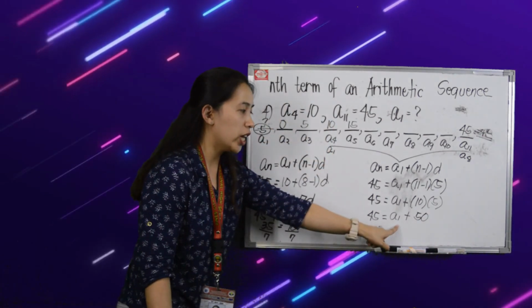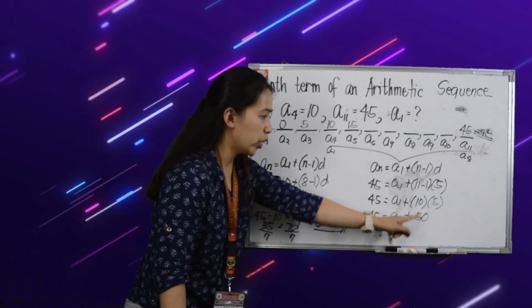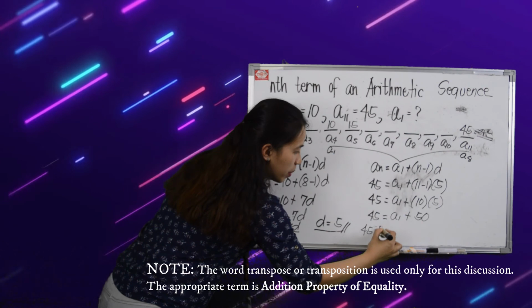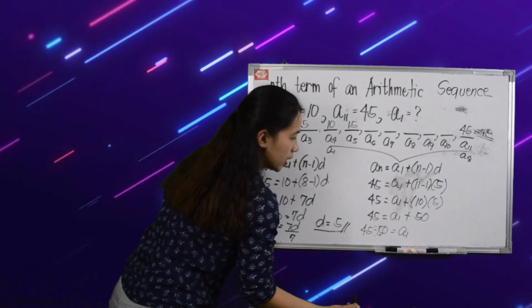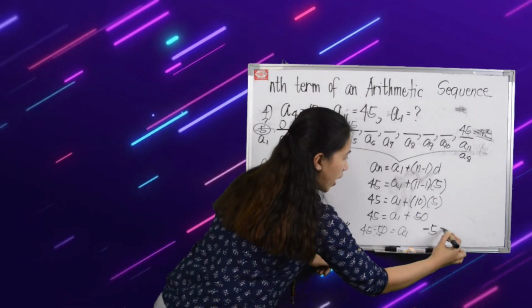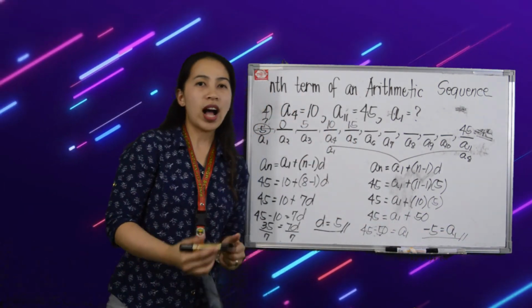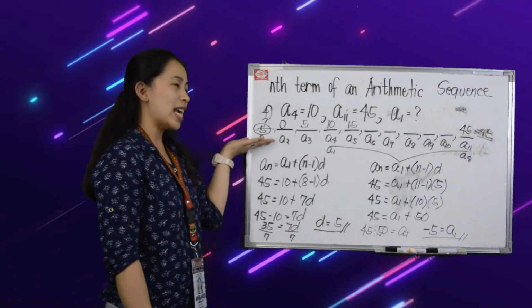We are looking for a sub 1 only. So we need to isolate it. Transpose 50, that will become 45 minus 50 is equal to a sub 1, giving us now an answer of negative 5. This is the value of the first term. We arrive with the same value.